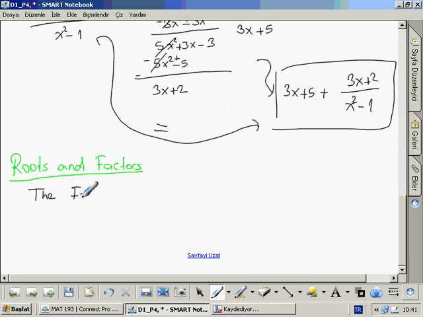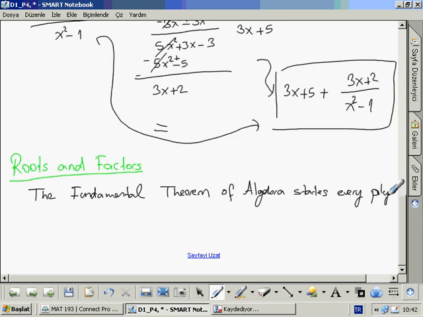The fundamental theorem of algebra states every polynomial of degree at least one has a root.